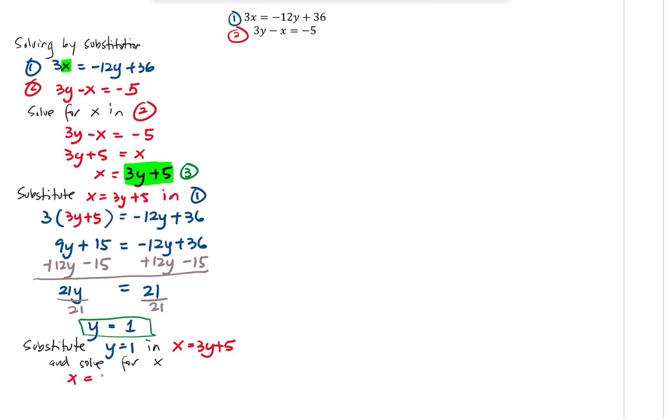So we got x equals 3 times that value of y plus 5, which is y is 1. And we just need to simplify this. This is 3 plus 5. Our x is equal to 8. So here it's clear that our solution is 8, 1.